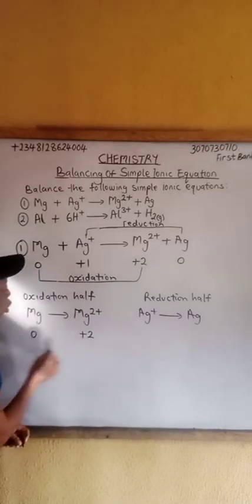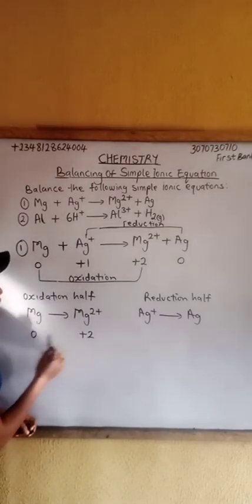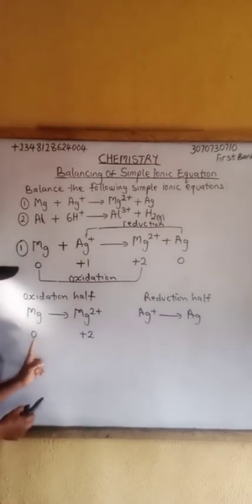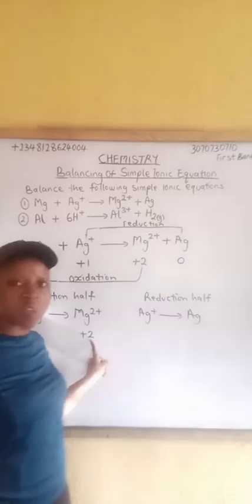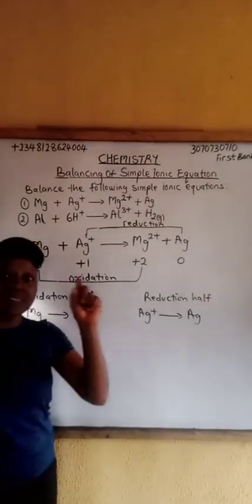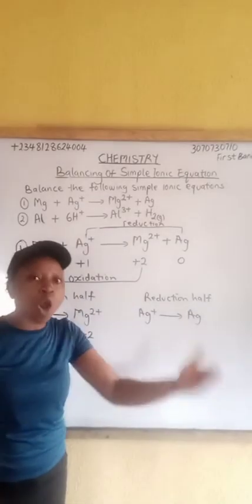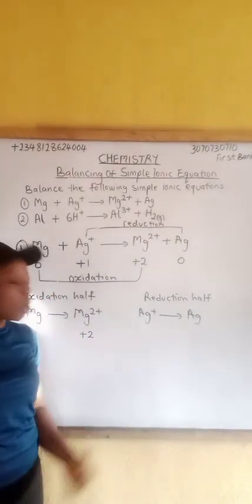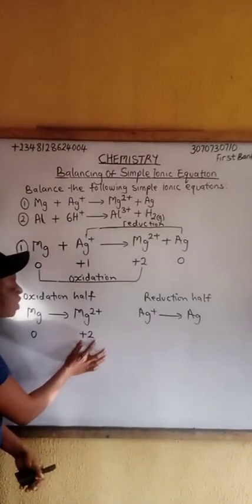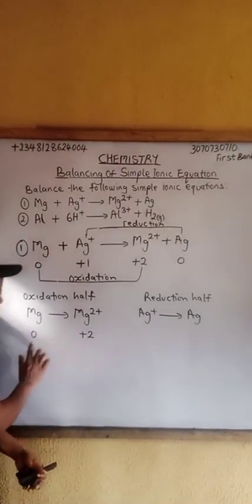So you are going to equalize the oxidation number at both sides. The oxidation number of the reactant side must be equal to the oxidation number of the product side. Now you consider the side where you have more oxidation number. We have more oxidation number at this side than this side.